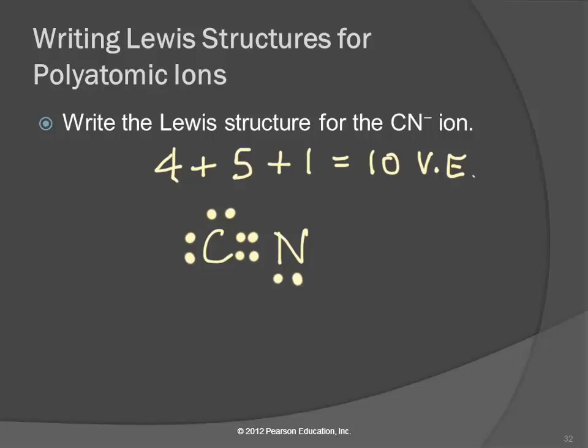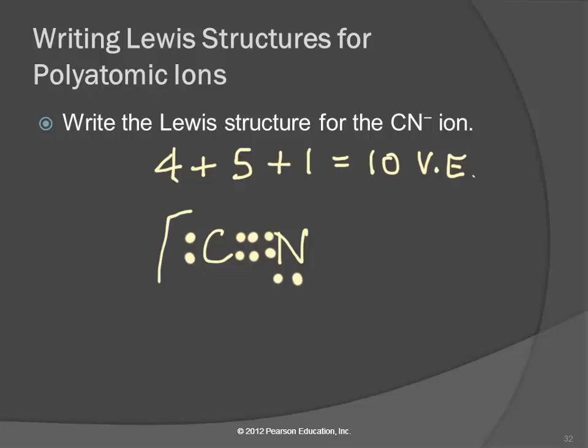We're getting closer. Carbon has 8 valence electrons in octet, but nitrogen has 6, which is better than it was. But this means we need to share 2 more. So now they're sharing a total of 6 electrons between them, and now they each have an octet.